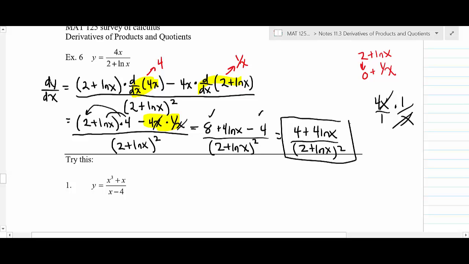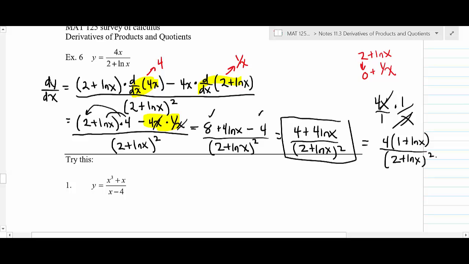So can you factor that numerator in any way? There's 2 terms. Is there anything in common? 4. You can pull a 4 out. I'm going to go ahead and do that because I want to get you in the habit of always looking for factoring. So if you pull a 4 out, you would have 4 times 1 plus ln x all over 2 plus ln x squared.